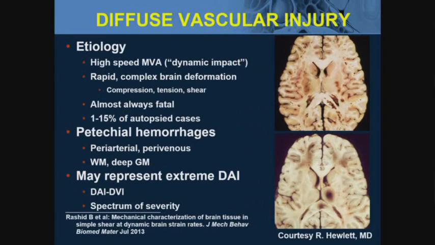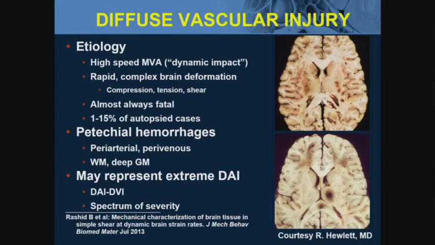A last word about an interesting topic, which is called diffuse vascular injury. This is something the neuropathologists have described. It's not yet made its appearance in our literature, but I think it's real. When you have the very high speed motor vehicle accidents that we get on some of our motorways and very high dynamic impacts with very sudden, complex, rapid brain deformations, what you can get is tearing of brain blood vessels.